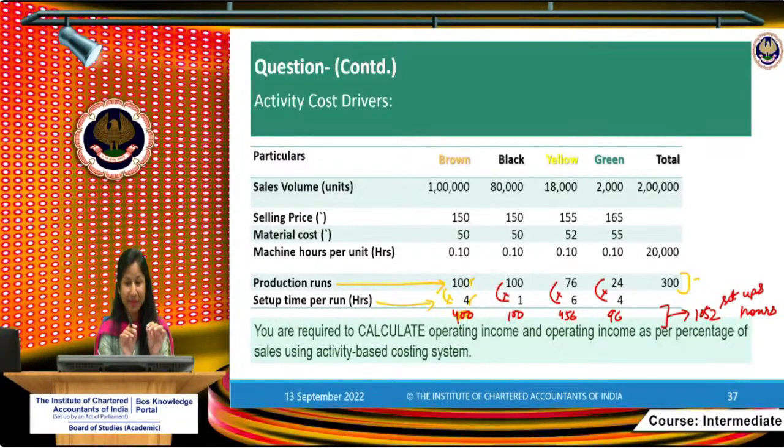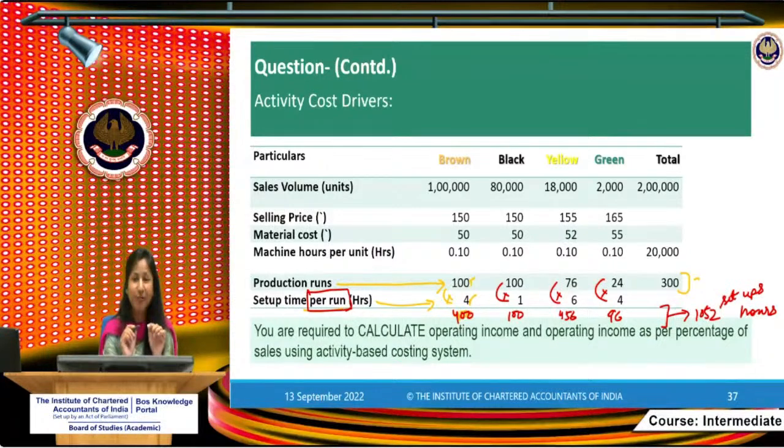This setup time given is per run, and the product is not shifting a single time, it is shifting after every production. That's why we need to multiply this by the number of runs it has. The most important information here is per run.